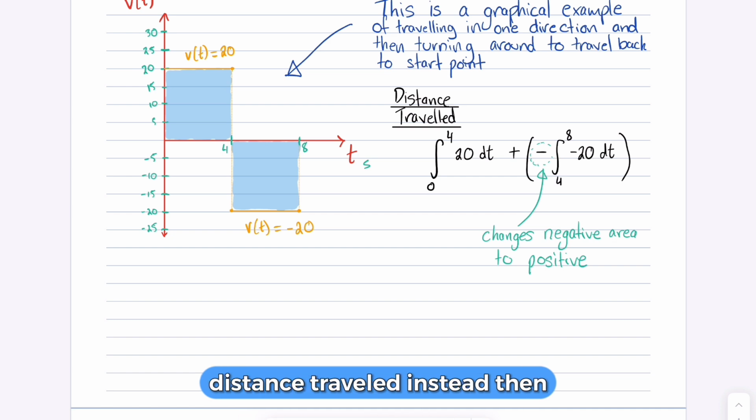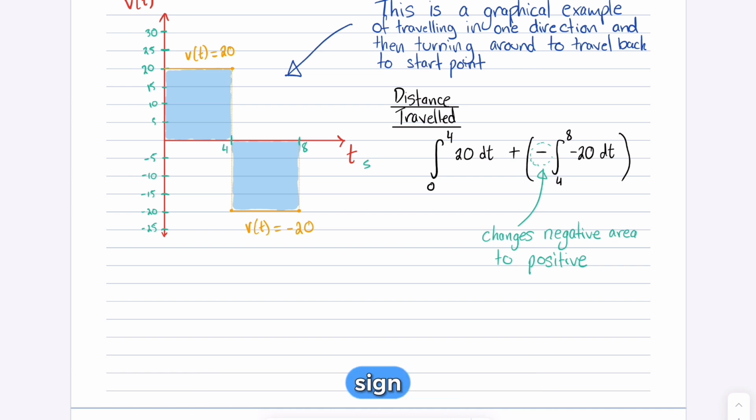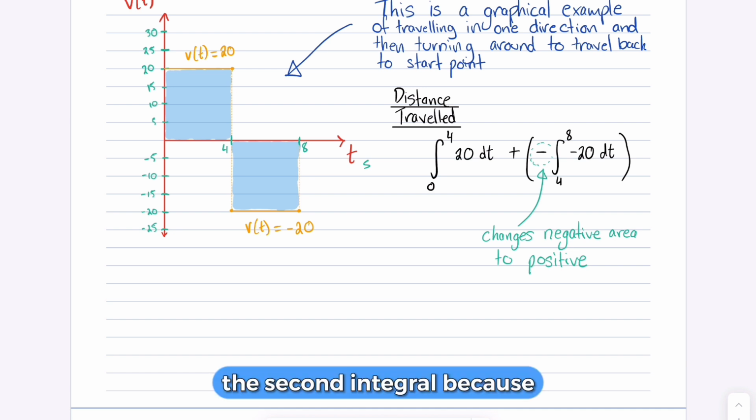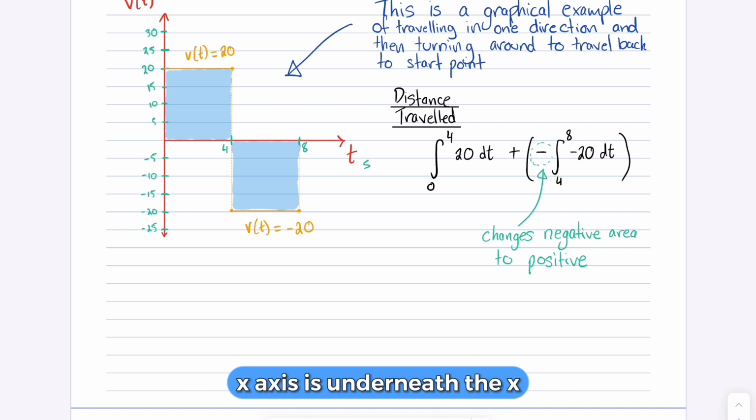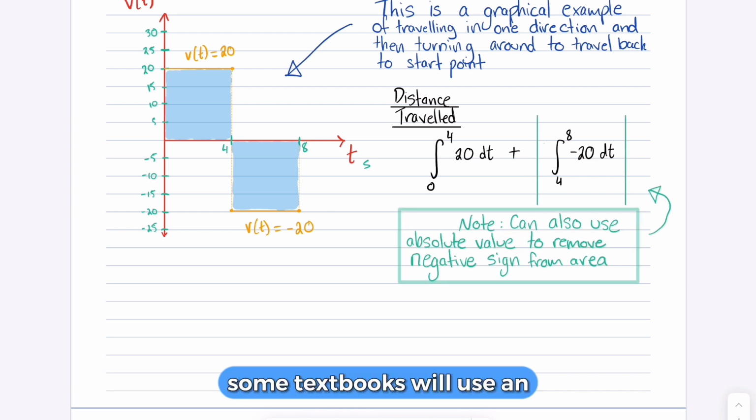Now, if I wanted to find the distance traveled instead, then I've got to put this negative sign in front of the second integral, because the area between the curve and the x-axis is underneath the x-axis. So for that reason, I've got that negative there. Some textbooks will use an absolute value sign as well.